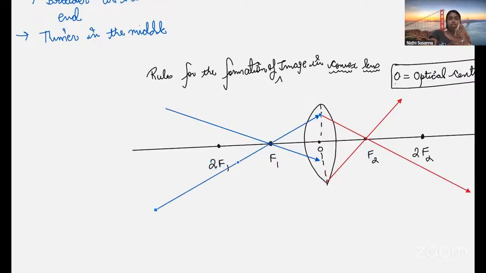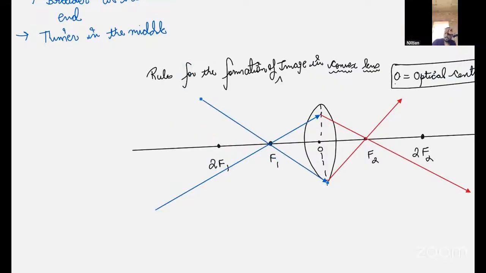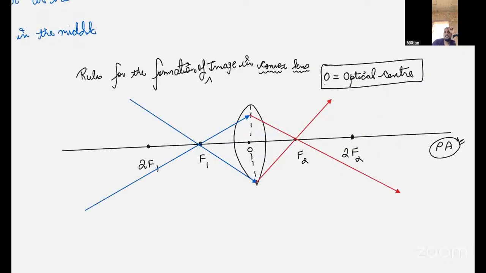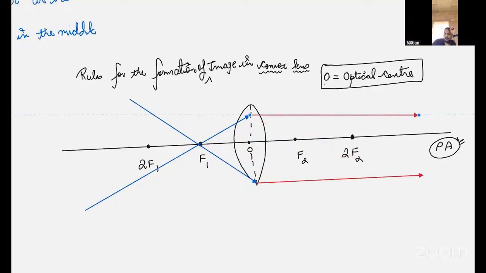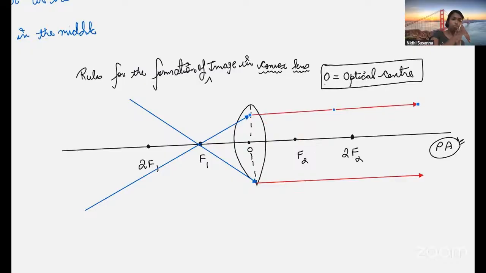So it will go through F1, right? When we draw a convex mirror, there's only one focus and one curvature.